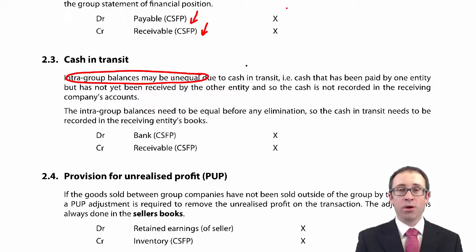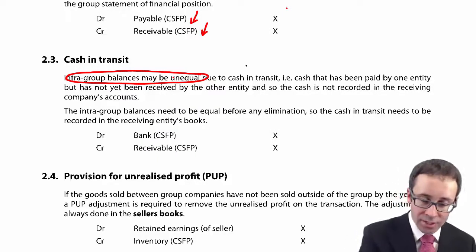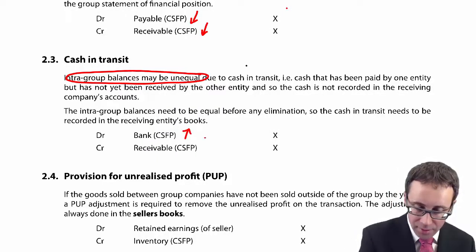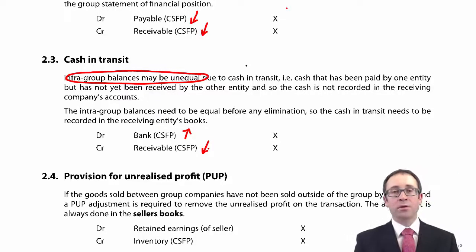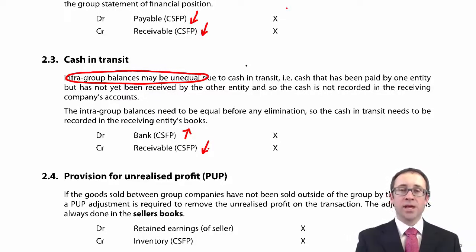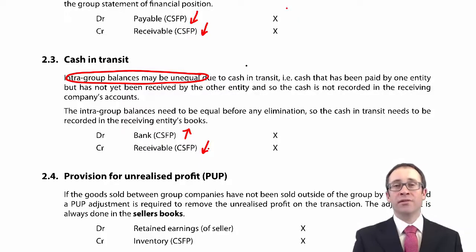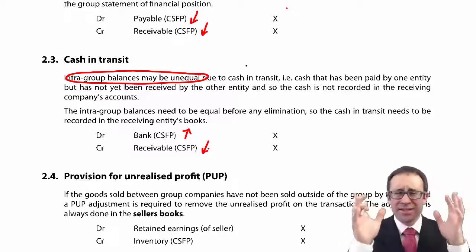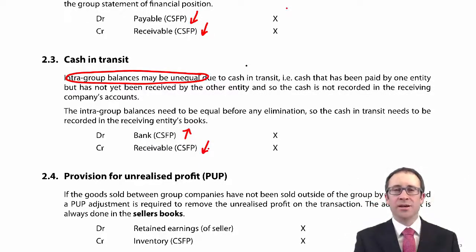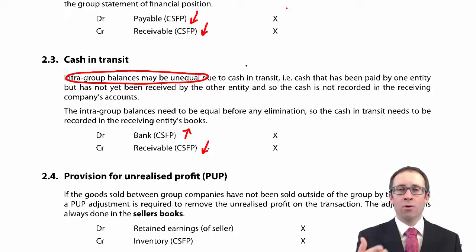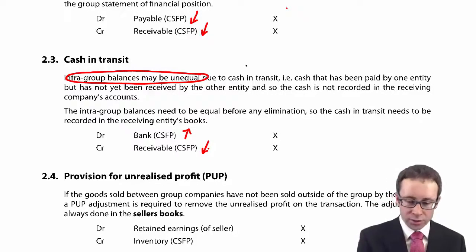So what you need to do is treat it as a normal cash receipt from a credit customer. We debit the bank and credit the receivable. Forget the words cash in transit, I don't like those words. Just think about it as a normal receipt from a credit customer.